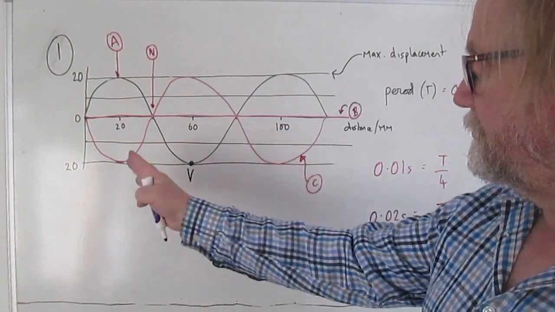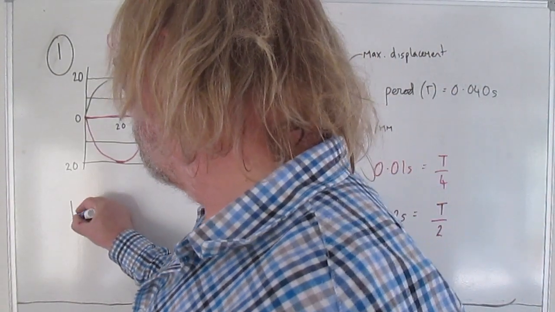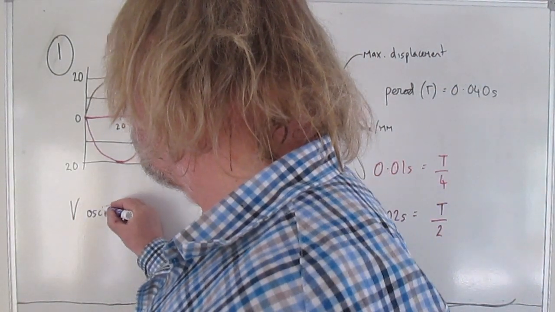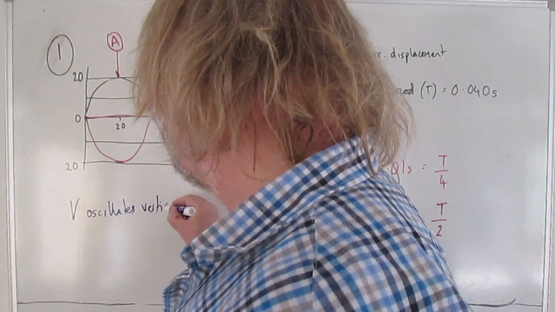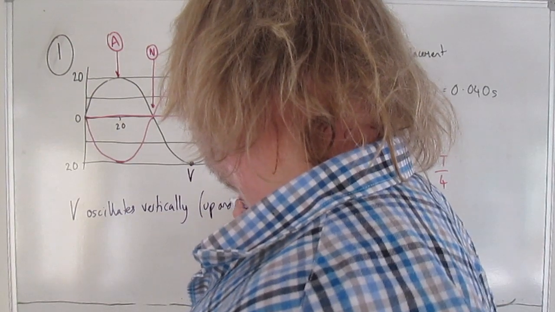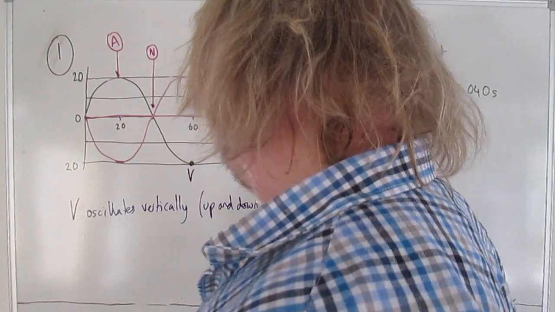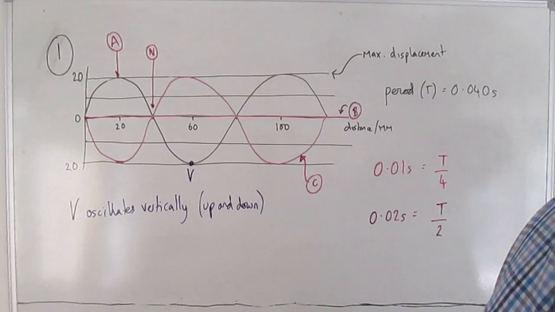Okay, it's not moving from side to side in any way. So we just get that V oscillates vertically up and down, but that's kind of implied by what we said, but that is an important thing to get across.